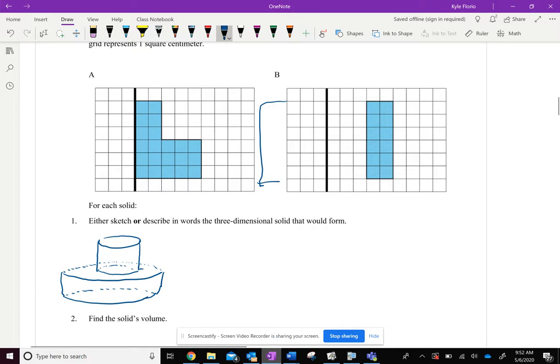It would be something like this. It's being rotated in circles, so imagine this coming through the paper and in, through the paper and in. What would that look like? Something like this.